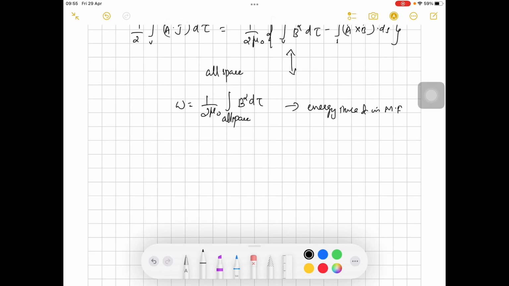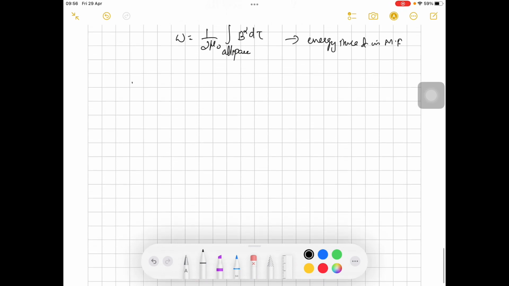Now, what is meant by energy density? Energy density means energy per unit volume, or work done per unit volume.